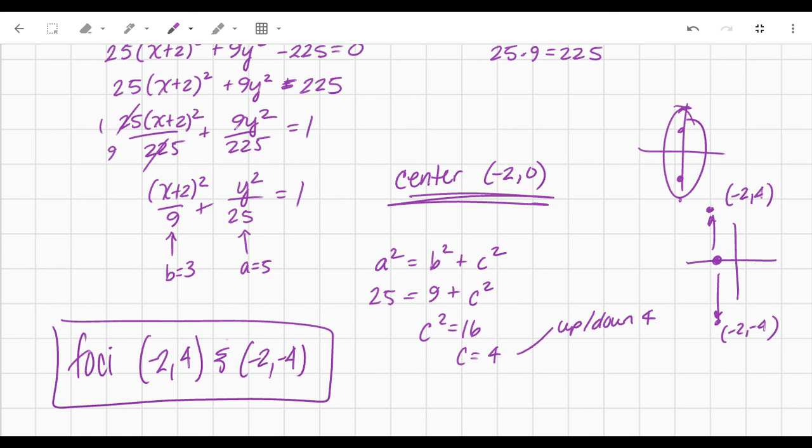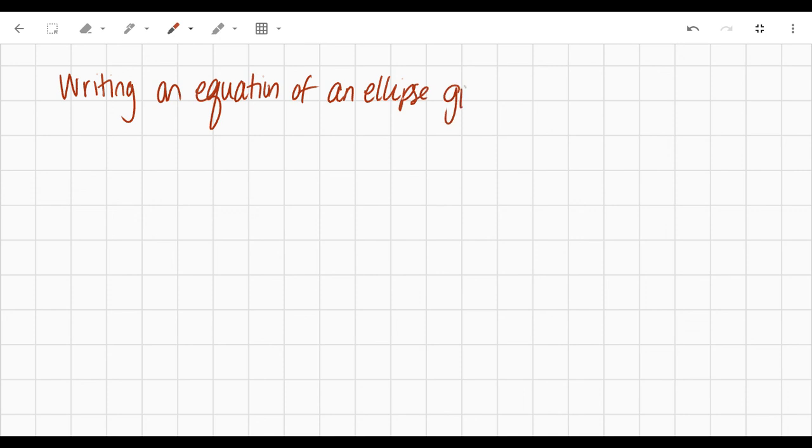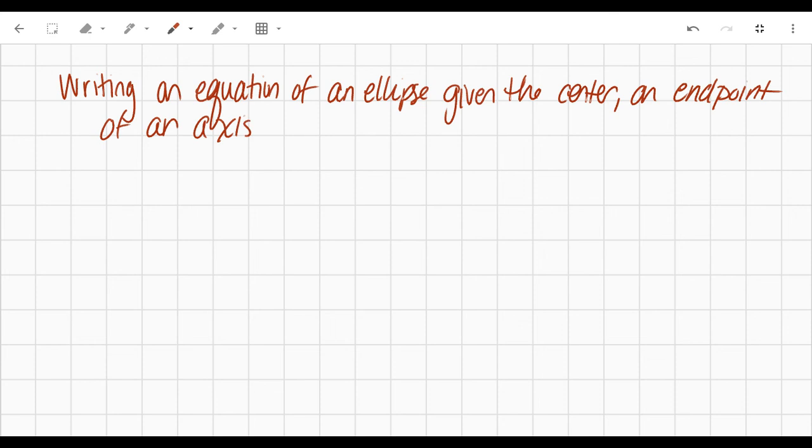All right, next one is writing an equation of an ellipse given the center, an endpoint of an axis, and the length of the other axis.